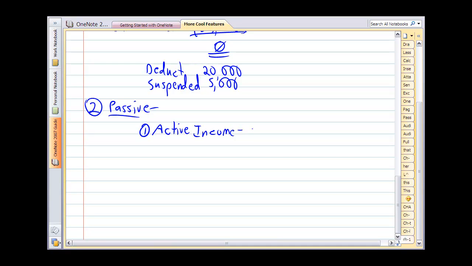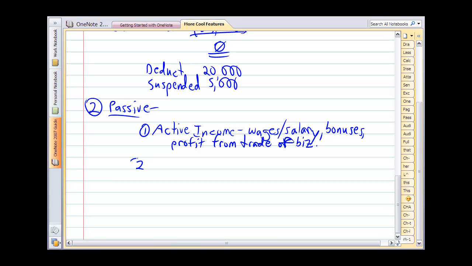Some examples: wages from your job, wages/salary, bonuses, profit from a trade or business. I think we can stop there.